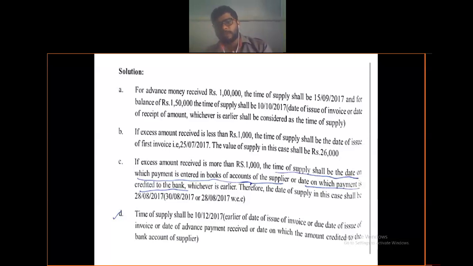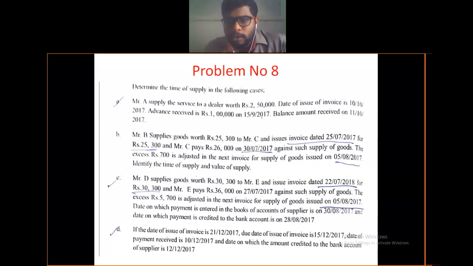But for the balance 1,50,000, time of supply is 10/10/2017. Why 10/10/2017? Because you have to compare the date of issue of invoice, 10/10/2017, as well as balance amount received, 11/10/2017. Whichever is earlier date is considered as a time of supply. So which is the earliest date? 10/10/2017.